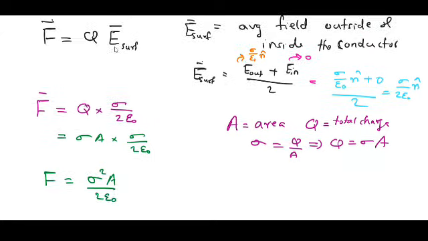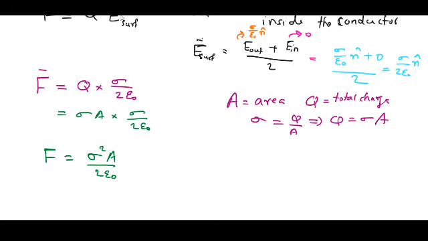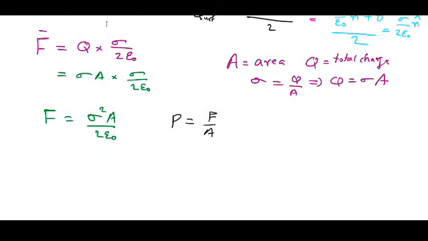In the beginning, I mentioned that pressure is nothing but force per area. Therefore, if I bring this A to the left, F by A is equal to sigma square divided by 2 epsilon 0, where this is the force per unit area of the surface of the conductor.